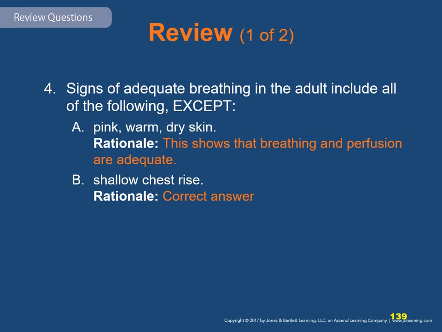So let's look at this closer. Signs of adequate breathing in the adult include all the following except A, pink, warm, dry skin. That's normal, and that shows that breathing and perfusion are adequate. It doesn't matter what color skin your patient has, how tan they are, or what color their skin is.